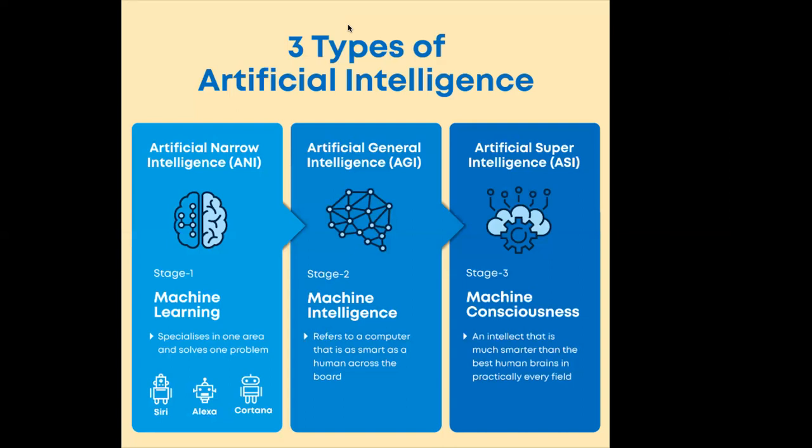It specializes in one area and solves one problem. Examples are Amazon's Alexa and Microsoft Cortana. These are all artificial intelligence, but they perform only one action or solve only one problem. So if it is text to speech, it does only text to speech.